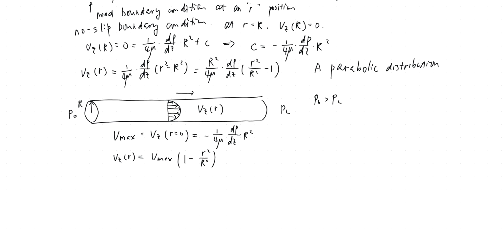for a cylindrical pipe. Let's make clear under what situations this is valid. We derived this equation by using the constitutive law of a Newtonian fluid. So this parabolic distribution is for a Newtonian fluid.